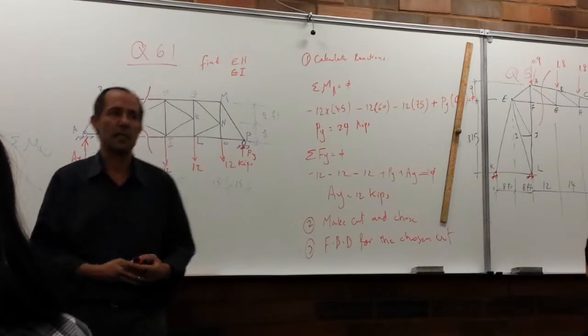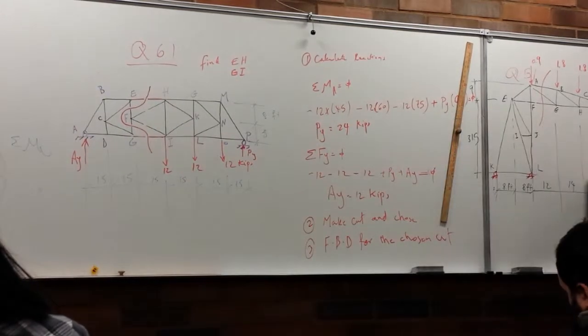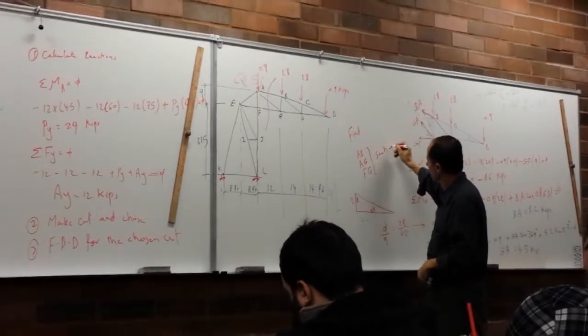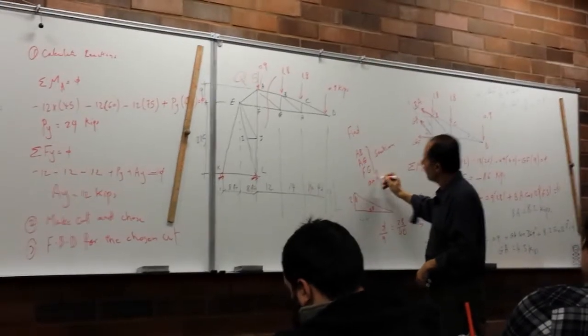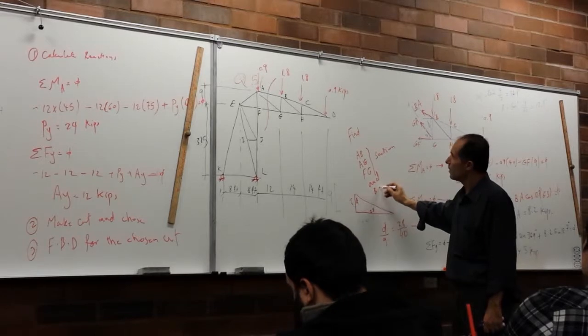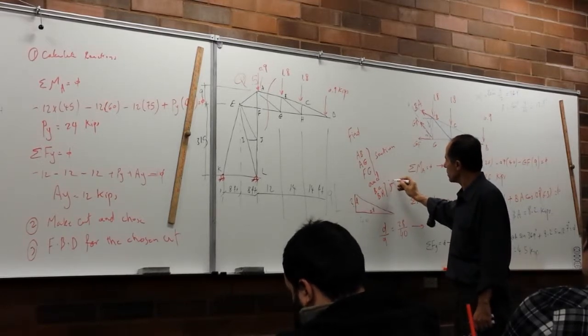What I do in the test, I say find A, B, C, D, E, F using method of section, and find B, C, D, H using method of joints.